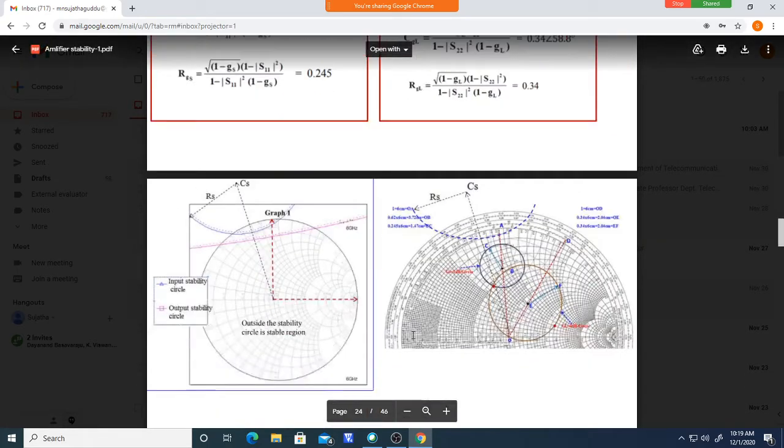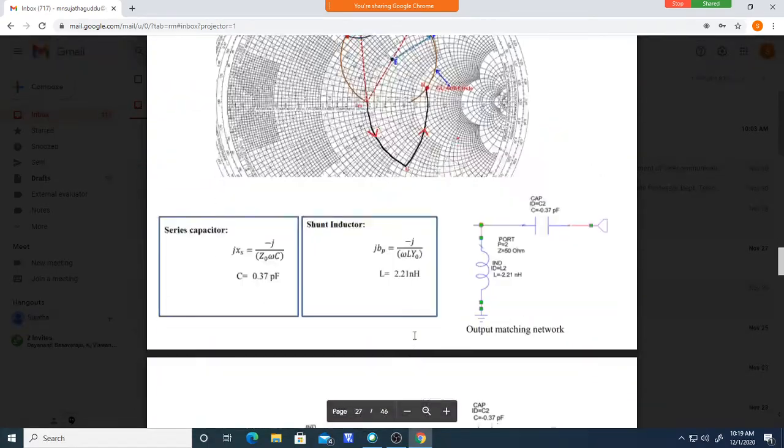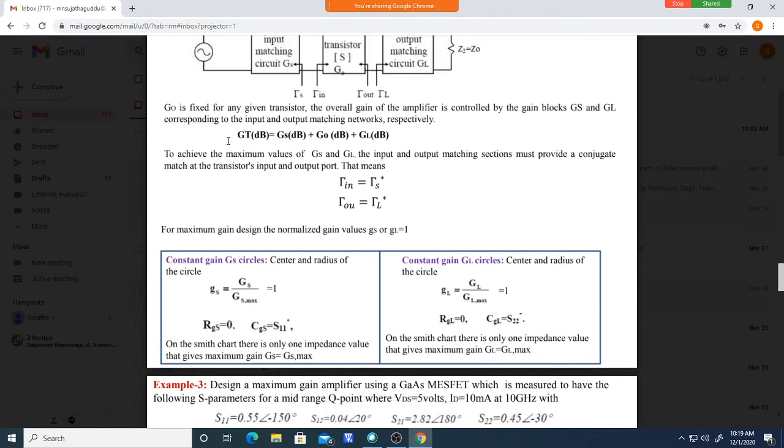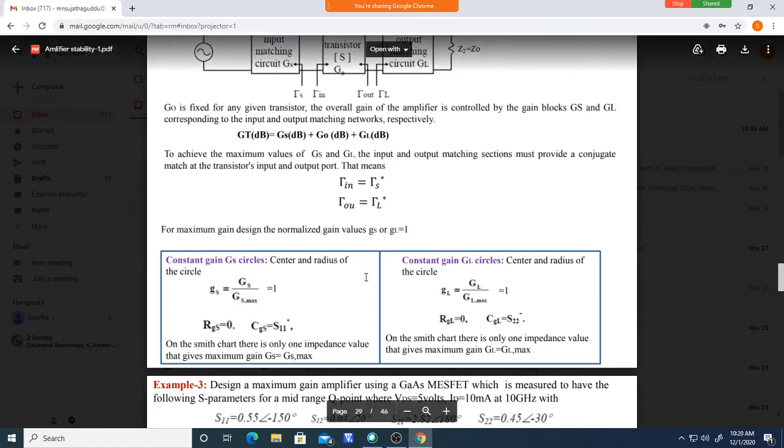In the maximum gain design problem, you should calculate the maximum gain here. It will be maximized if tau in is equal to the complex conjugate of tau s, and tau out is equal to the complex conjugate of tau L. Then you will get this maximum gain.